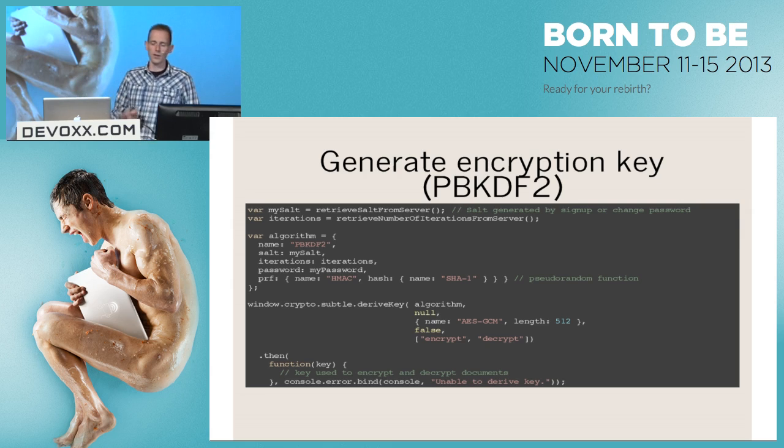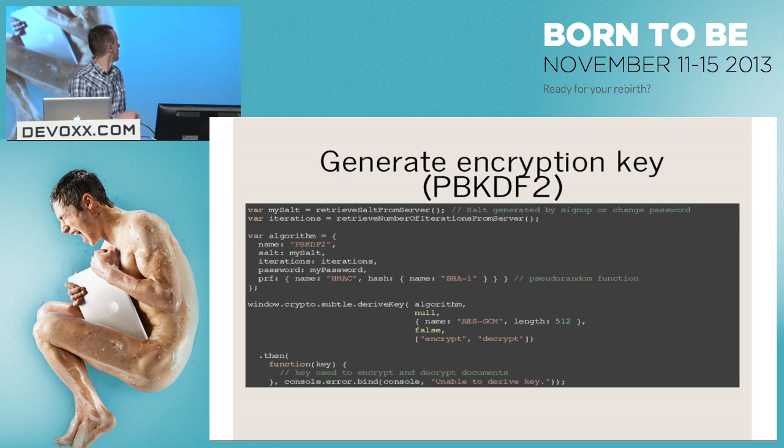You also want to specify a number of iterations, because to make it harder to decrypt, you want to run the algorithm a couple of times to make it more compute intensive if somebody wants to hack your key to get your decrypted document. And then, of course, because we're going to derive the key, you have to specify the algorithm that you want to use. In this case, we are going to use the password-based key derivation function 2.